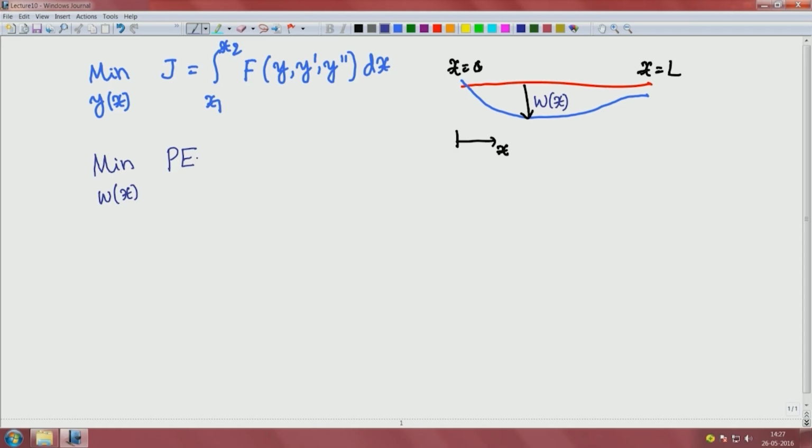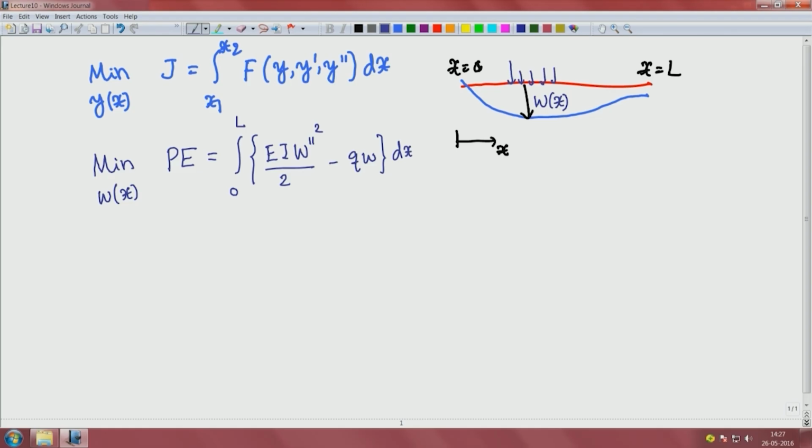So, here we have potential energy PE, which is defined as an integral from 0 to L, and the integrand we had written: EI w double prime square by 2 minus q w dx. Q here is the force that acts on the beam.